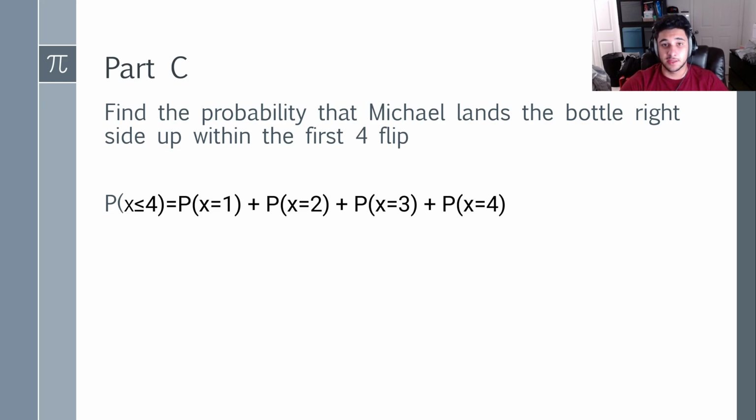For 3 flips, it must have meant that he missed the first 2 flips, so we put 0.65 and square it since he missed twice, and multiply by 0.35 since he made the last one. For 4 flips, we already know from part B that this is 0.096, so we can add it all together and we get 0.822.